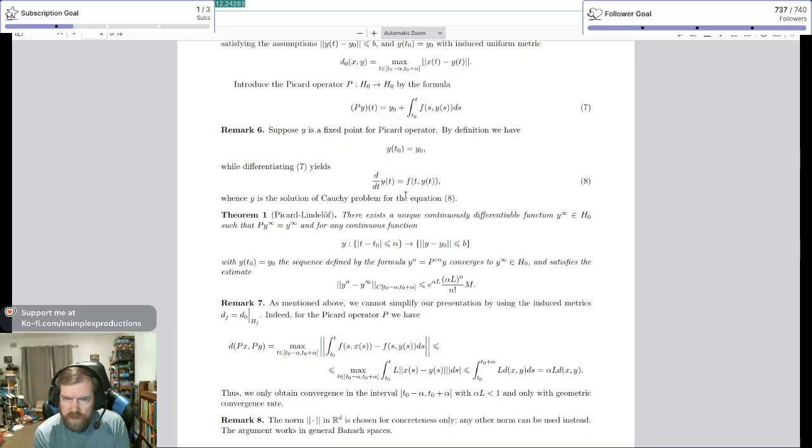Suppose y is a fixed point for the Picard operator.